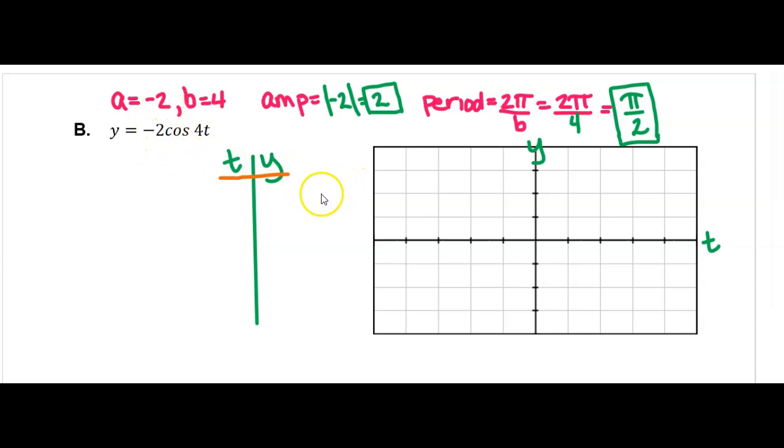So where are we going to start with this wave? Well, when our A value is negative, we're actually going to be starting with a minimum. And then we're going to go to a 0, to a maximum, to a 0, and to a minimum. So when we graph this out, it should be a hill. So our minimum is -2, then our y value goes to 0, 2, 0, and then back down to -2.